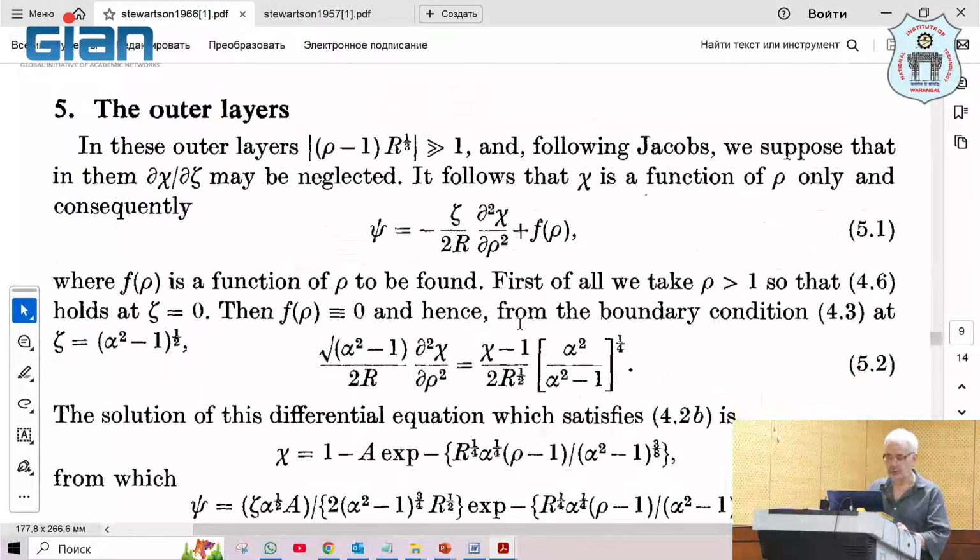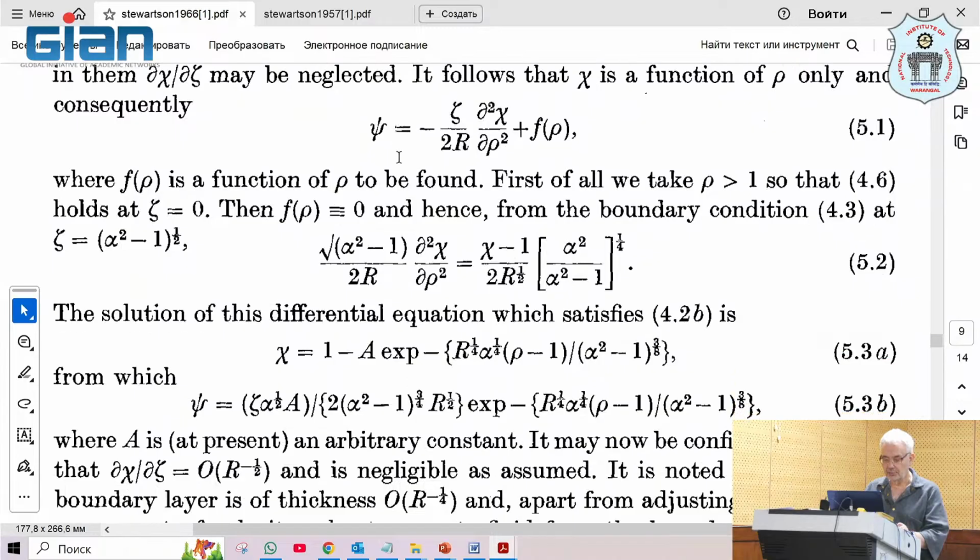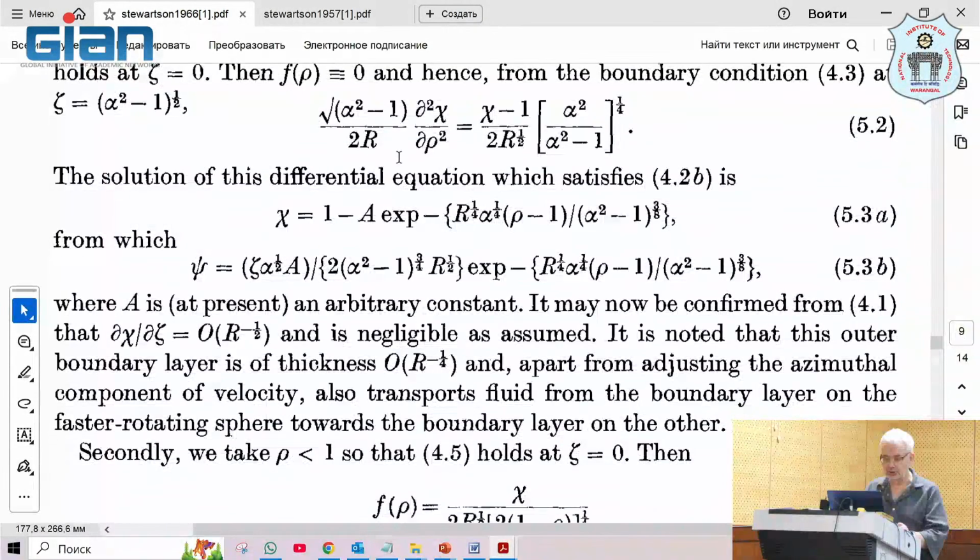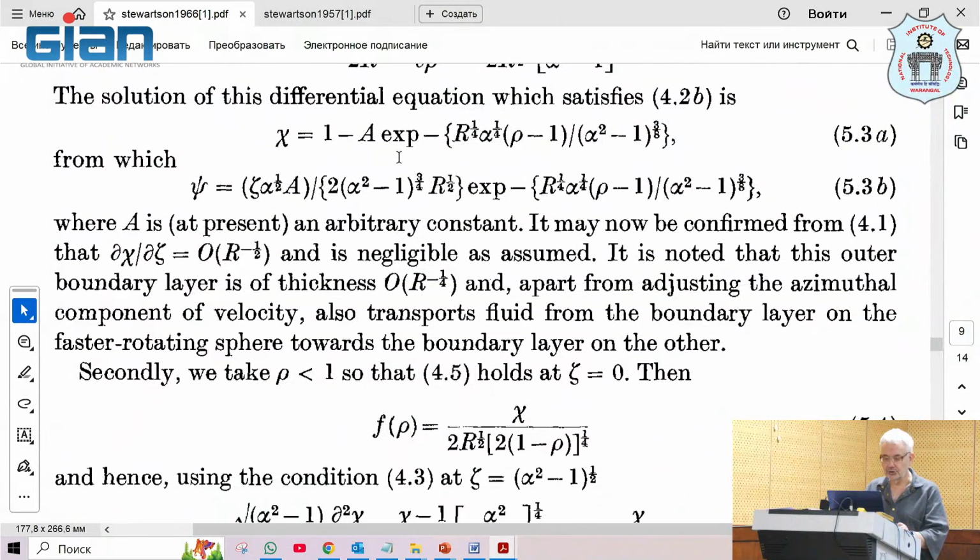He proceeds to another shear layer. In our terms, this is the most important shear layer, which in our notation is E to the 1/3. And here he made the manipulation and managed to find the solution to this problem.